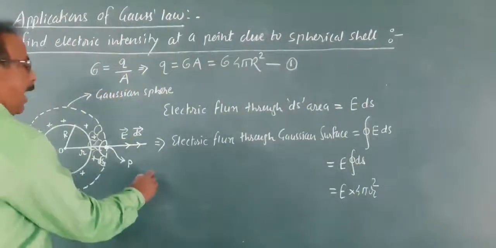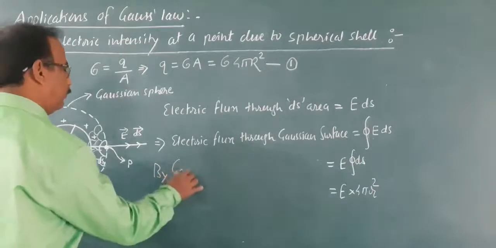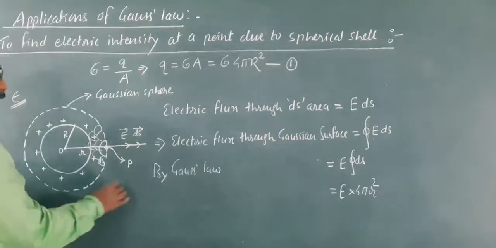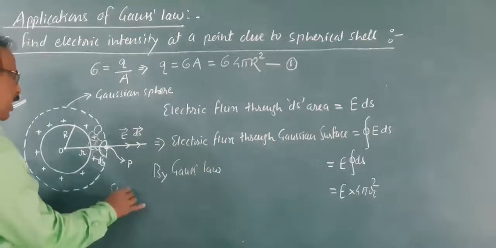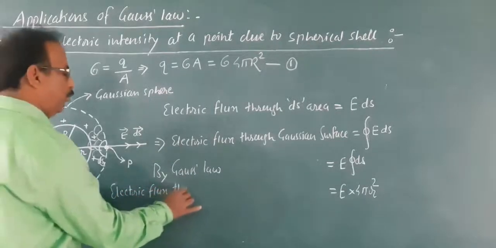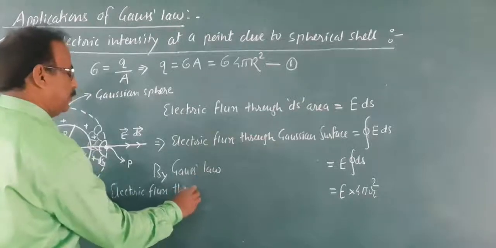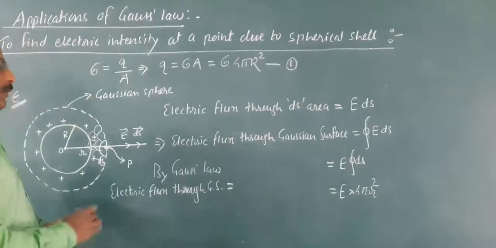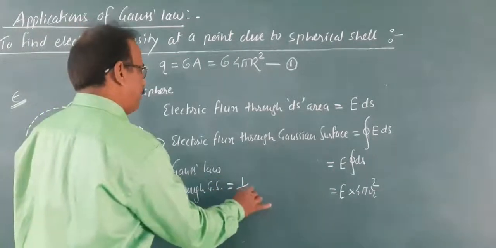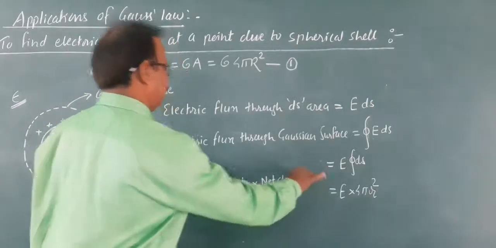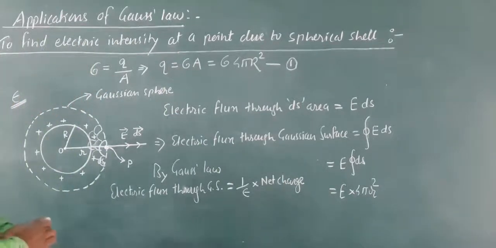Now, apply Gauss law. By Gauss law, electric flux through Gaussian surface is equal to 1 upon epsilon times net charge enclosed by that surface.